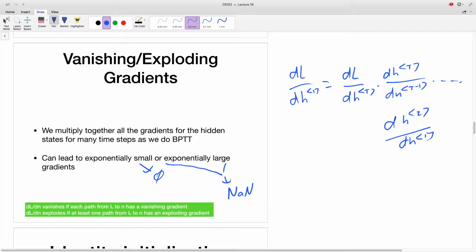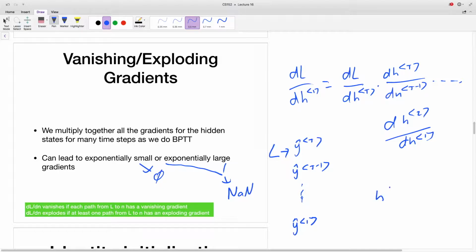One thing to point out, and we saw clearly as we were computing our gradients, is that there are different paths from the loss to particular areas of your network, right? So for instance, we have the loss composed of, let's say, y hat t minus 1, all the way to y hat 1.